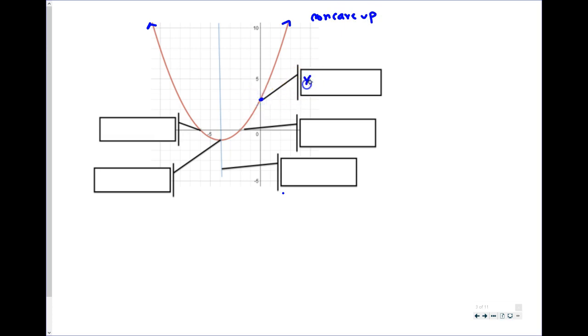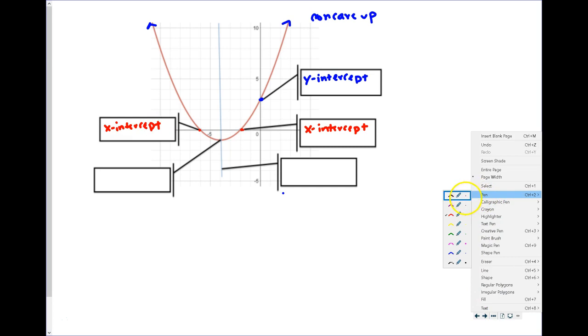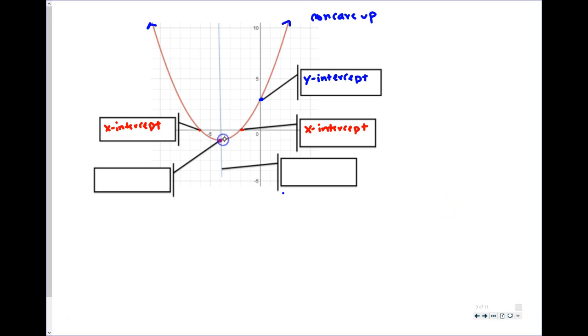This point is my y-intercept. I've got my 2 x-intercepts right here. I've got my vertex located right here at this turning point, the very bottom.